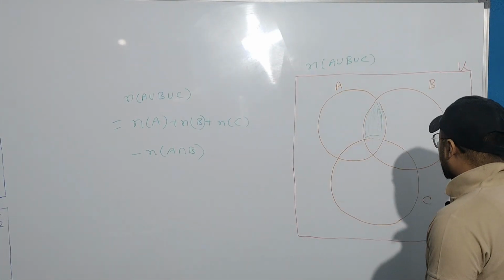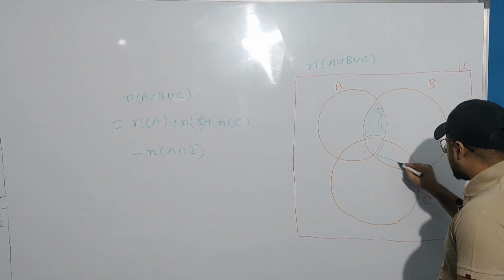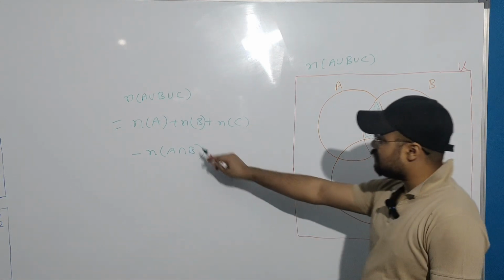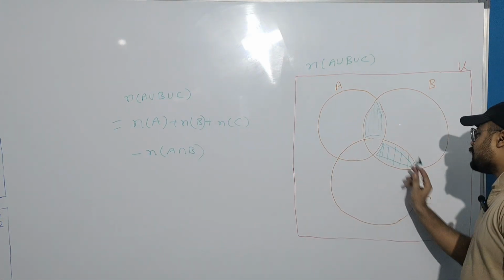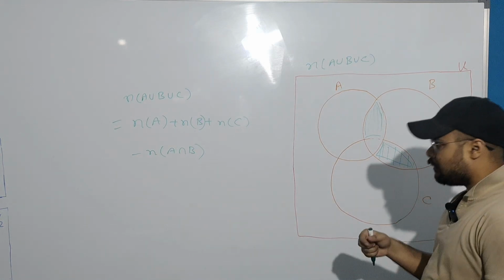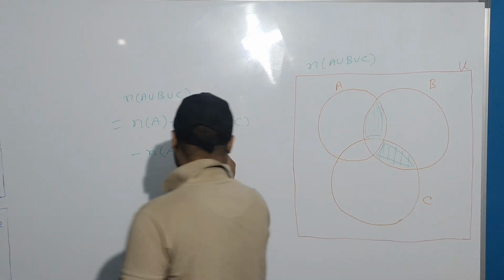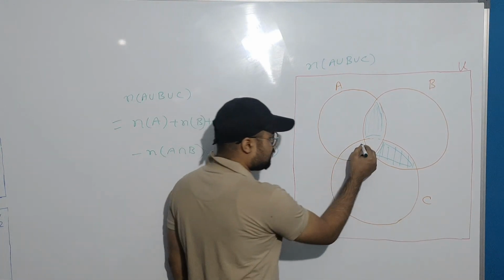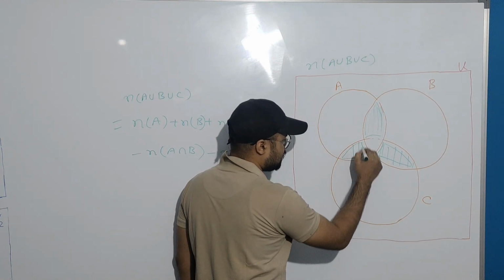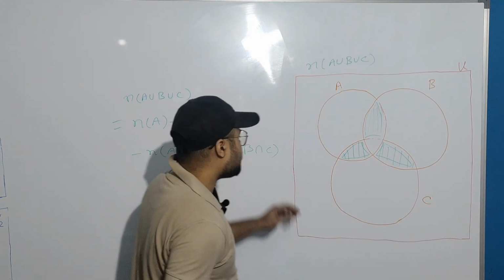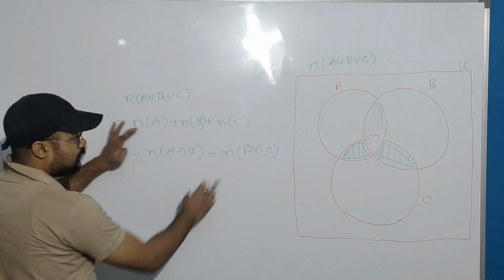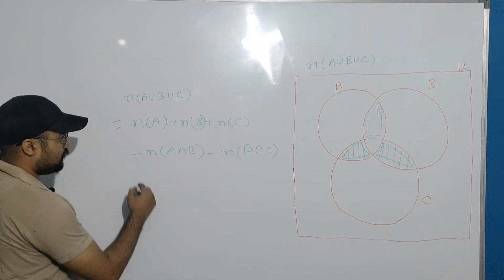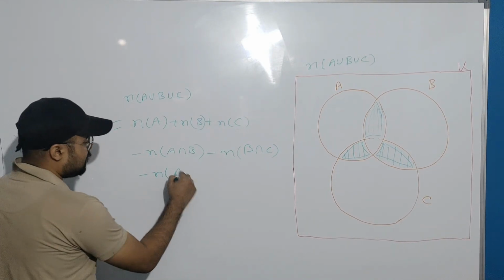Similarly, this region: when you list all the elements of B and C, these elements are counted twice, so you remove them one time, so it becomes minus the number of elements in B intersection C. Similarly, when you write the elements of A and then the elements of C, these regions are counted twice, so you remove them once: minus the number of elements in A intersection C.